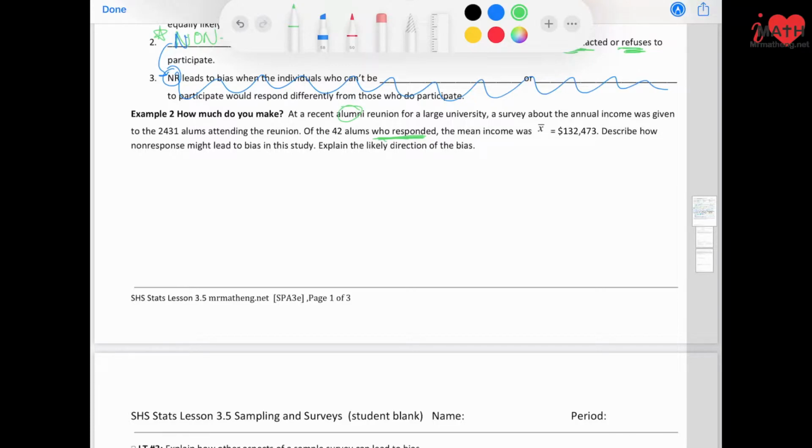So let's think about this. If you were there and someone asked you, how much do you make now after graduating from this large university? And you say, I make $5,000. You'd probably be pretty ashamed and you probably wouldn't want to respond. That's why you would have no response. Does that make sense?